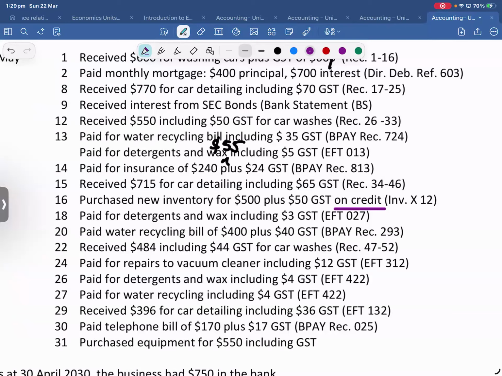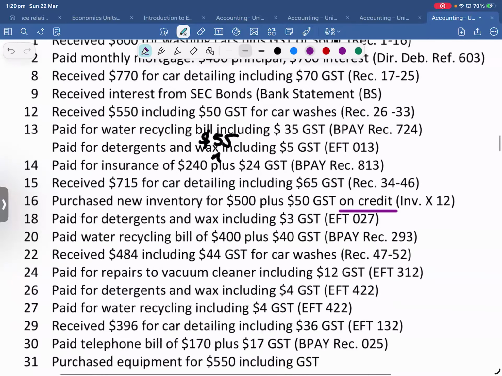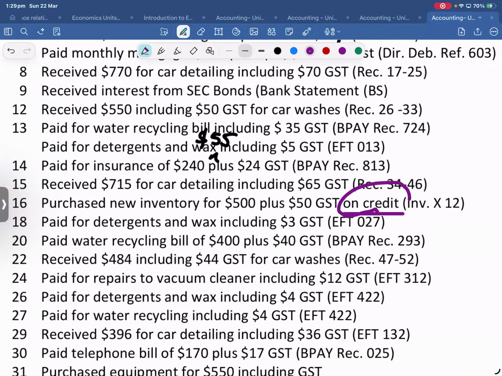What if you paid by a credit card? Is it also purchasing on credit? No. You know, the credit card story. So when we are saying this one, we call credit transactions, right? Credit transactions, what happens is we are going to pay later.